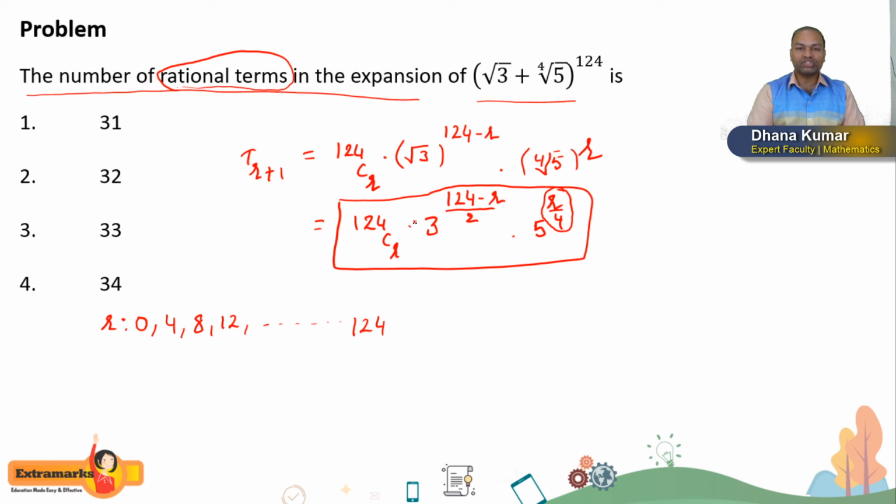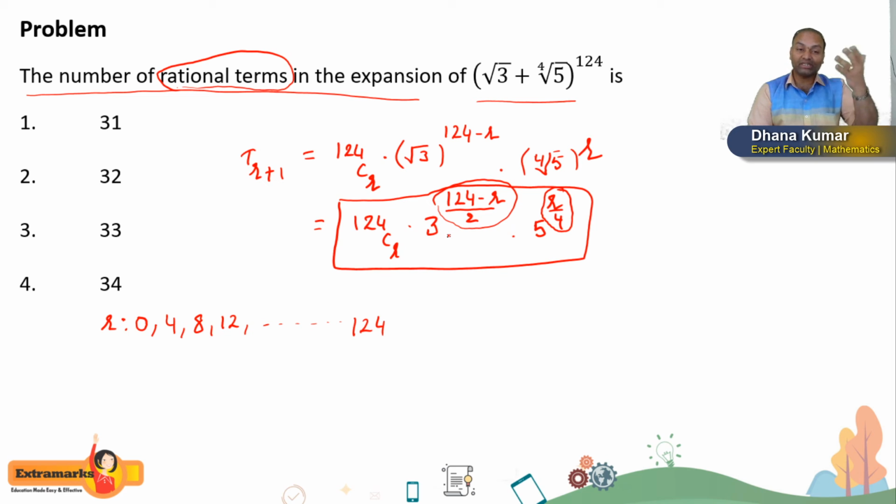Let us come to this one. When we say this answer is rational, the power must be an integer. So this power is an integer when the numerator is a multiple of 2. Here also r is there. Here you just verify for these r values only. Then only at the same time these two parts will be rational.